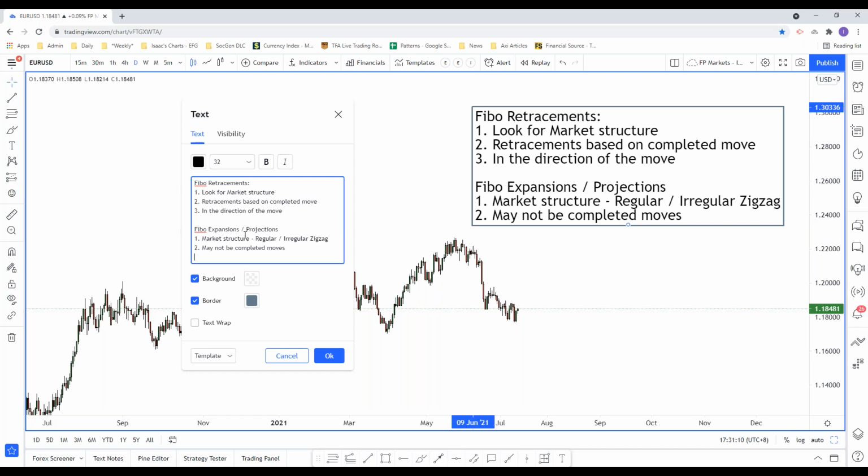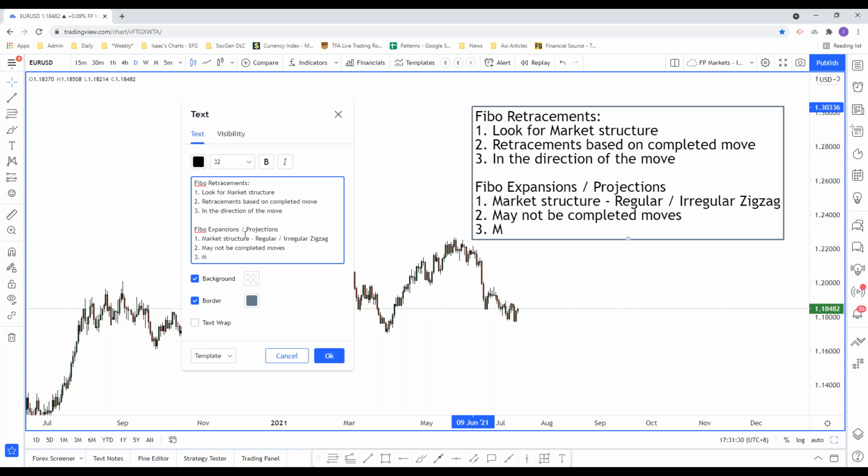Third, because of the market structure, regular and irregular zigzag, the Fibonacci expansion projection can be drawn in both ways, right? You can draw it differently from the direction of the move.